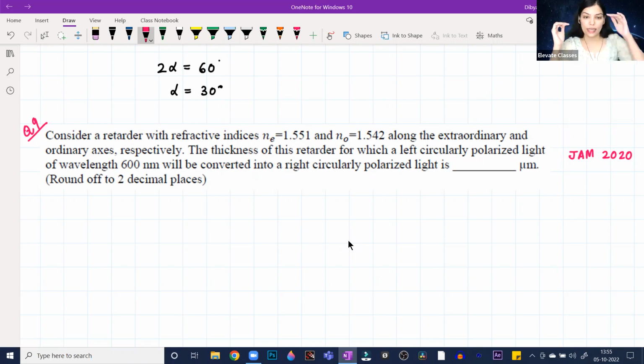So if I want to convert LCP into RCP, that means I want a half wave plate. So I have to make a half wave plate.